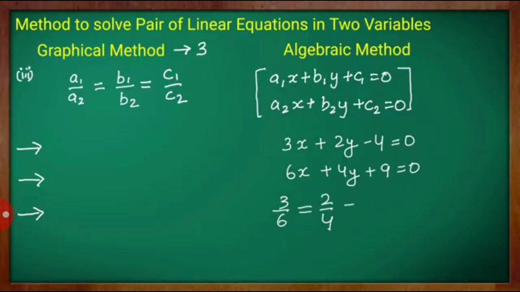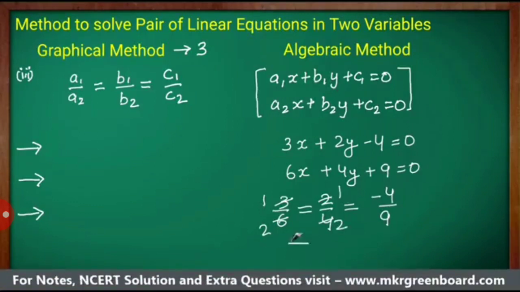In this case a1 upon a2 and b1 upon b2 are equal, but they are not equal to c1 upon c2. a1 upon a2 is 1 upon 2, b1 upon b2 is 1 upon 2 and c1 upon c2 is minus 4 upon 9.